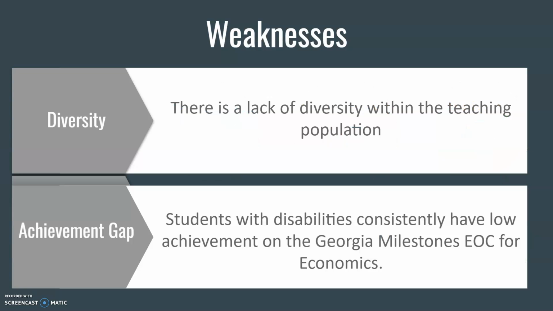Some weaknesses that we've identified are that there's a lack of diversity within the teaching population. Moreover, in reference to our economics instructional team, students with disabilities consistently have low achievement on the Georgia Milestones EOC for economics, making an increasing and widening achievement gap.